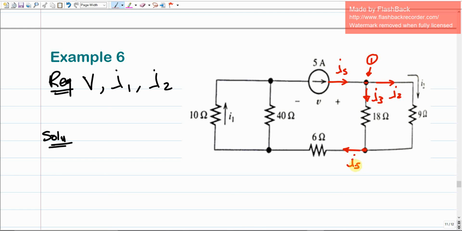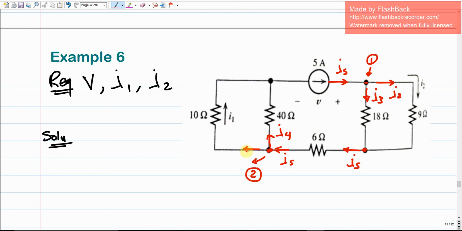So what does it mean? It means that the total current will be collected back again at this node, and the current over the 6 ohms will be IS, which is 5 ampere. Then at node 2, this current IS will be divided into two currents: I1, and I4, because we already used I1, I2, I3.